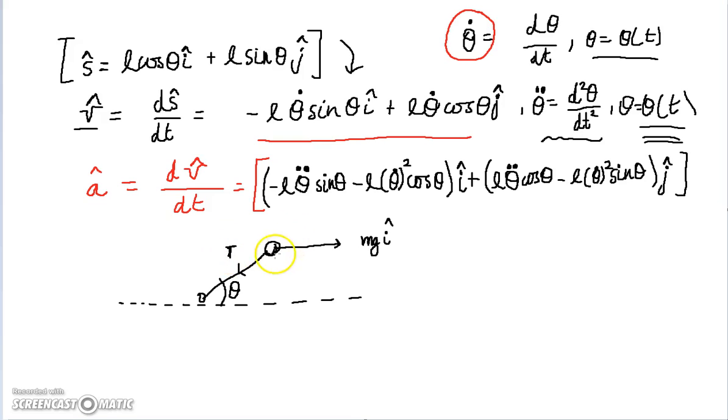I can resolve two other vectors which, when added together, add up to my tension force. The force that acts in the negative j hat direction is negative T sine theta j hat. And this vector here is negative T cosine theta i hat.